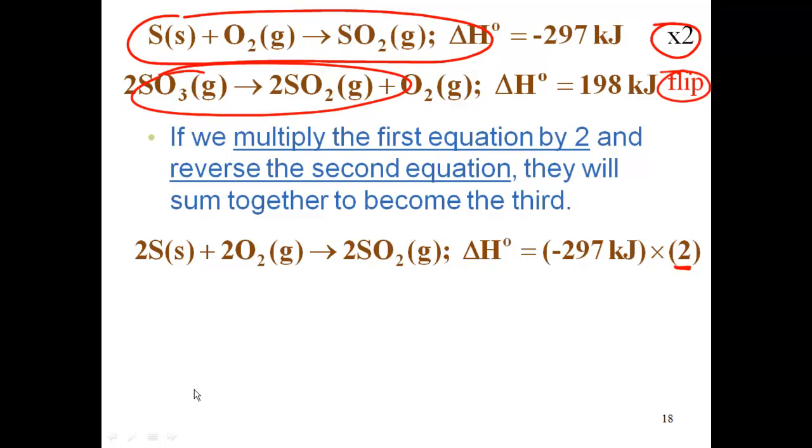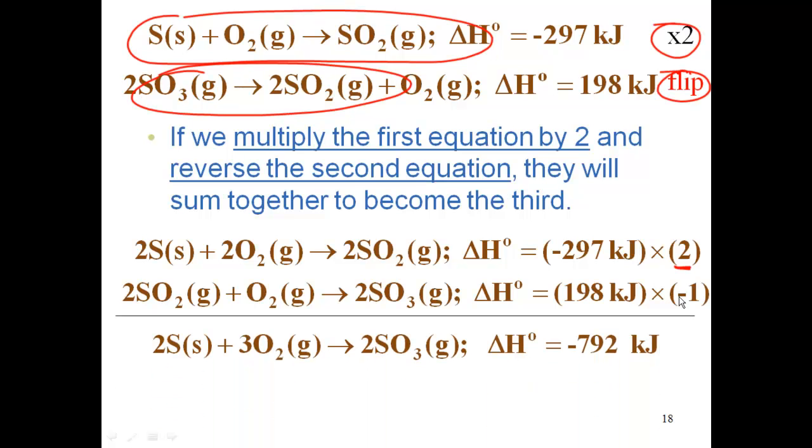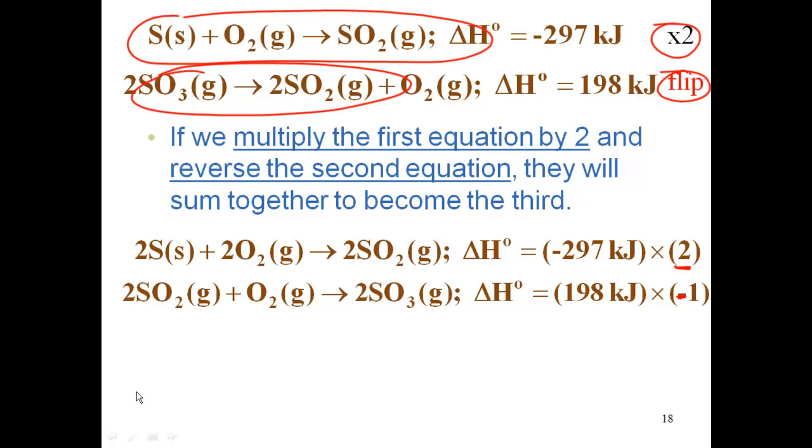So I'll do that. So now I got 2 sulfur dioxides plus oxygen gives me 2 sulfur trioxides. And since I flipped it, I need to take the delta H now and change the sign. Okay, by multiplying by number -1.